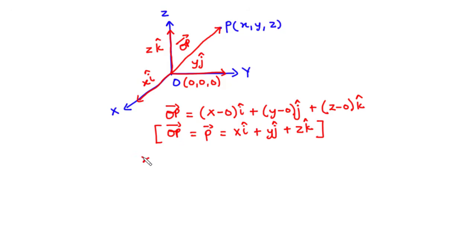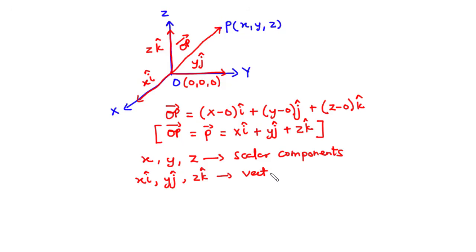Now x, y, and z are said to be the scalar components of the vector. So scalar components of the vector, and then x I cap, y j cap, and z k cap are said to be the vector components along the x-axis, the y-axis, and the z-axis respectively.